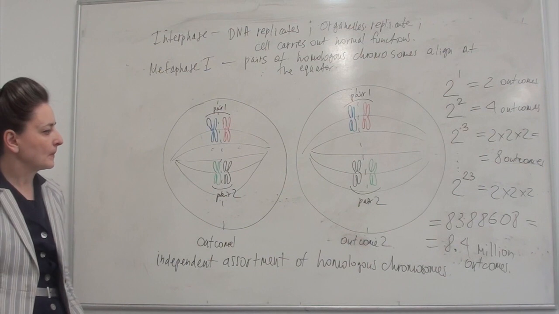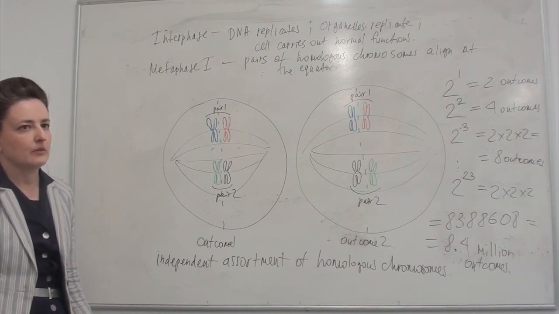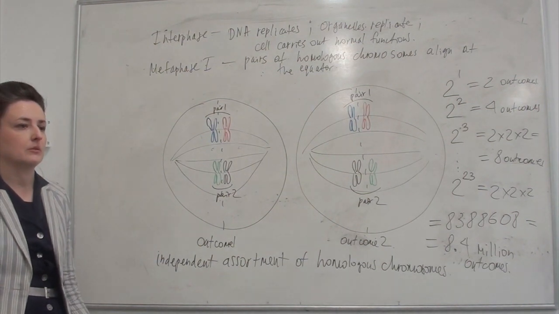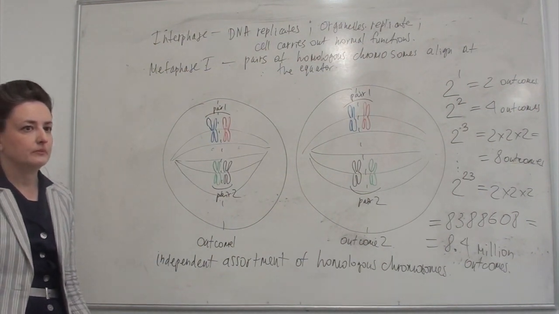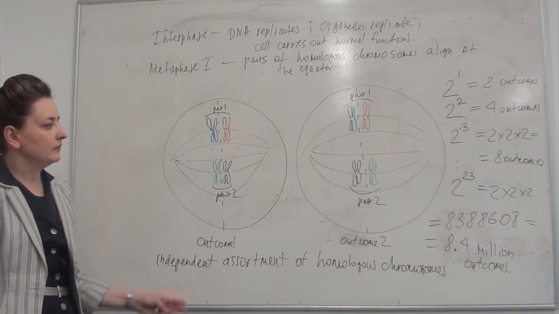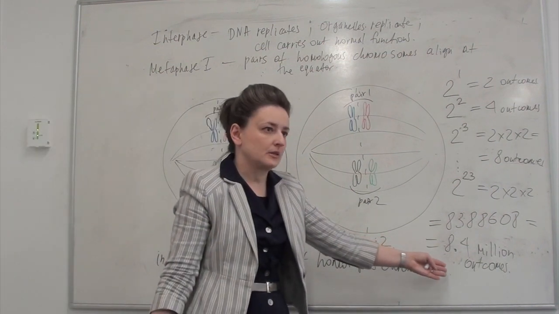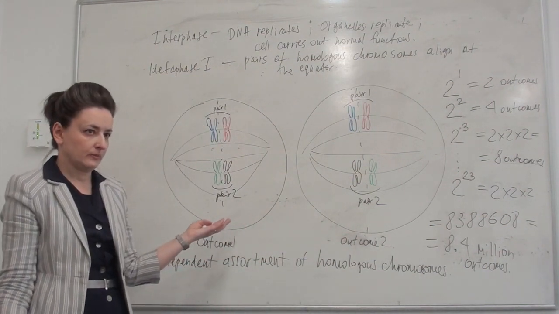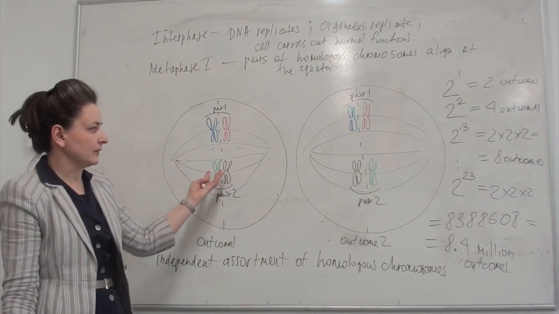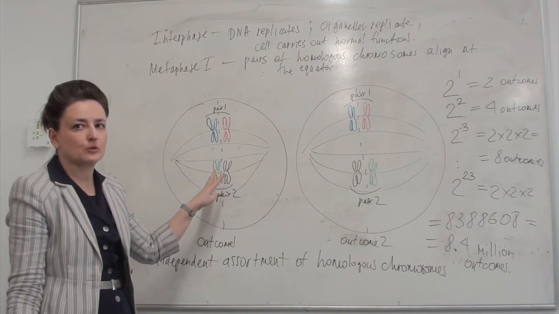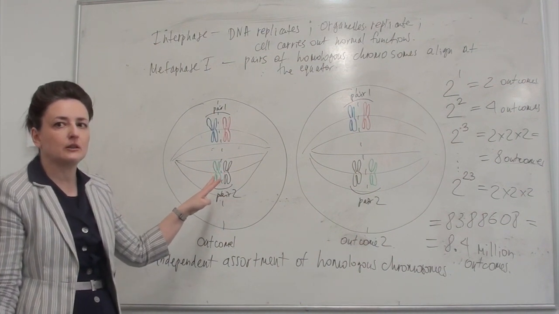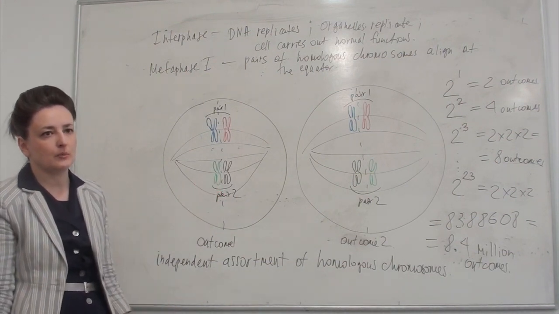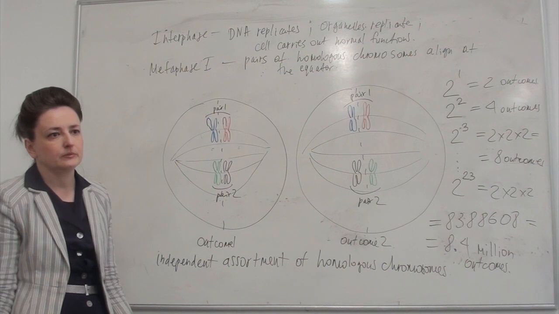The number of outcomes is created by this process called independent assortment, the fact that you can just flip those chromosomes within each pair in a random way. You don't know which chromosome out of each pair is going to end up on which side of the equator.